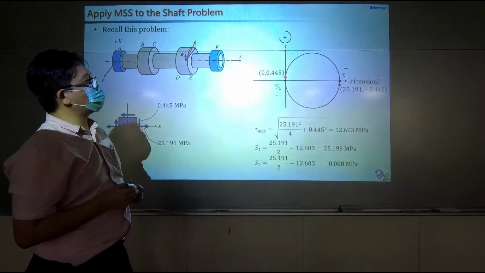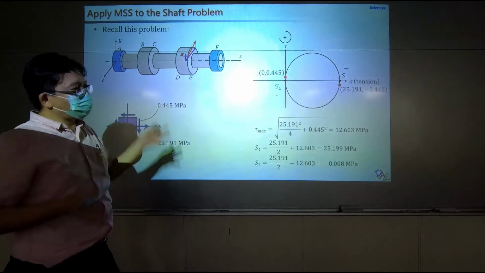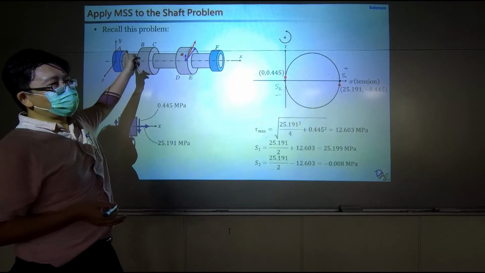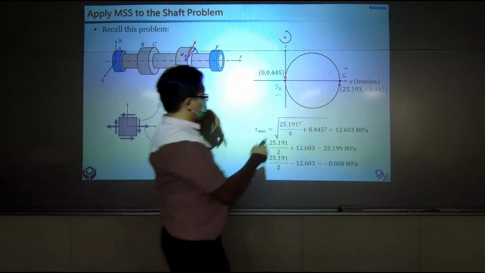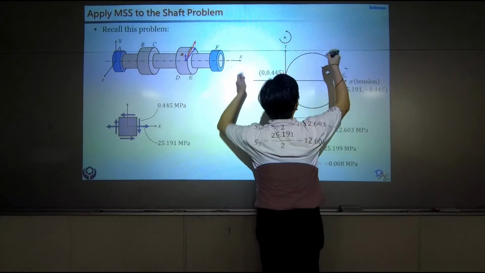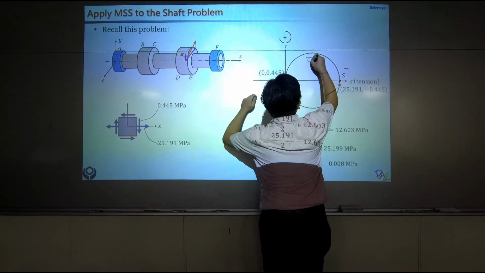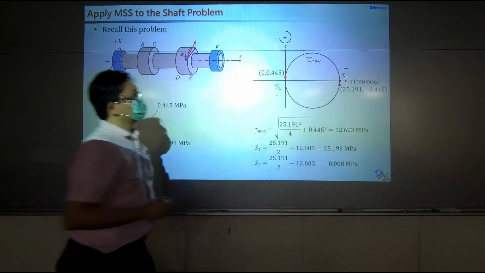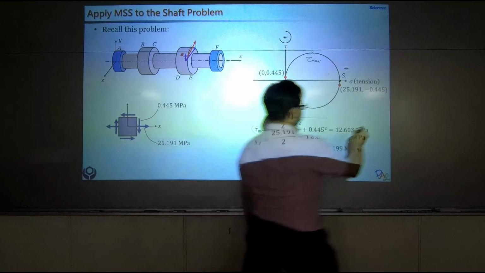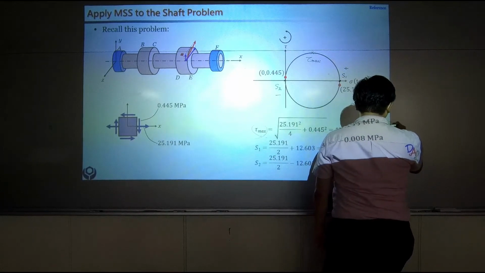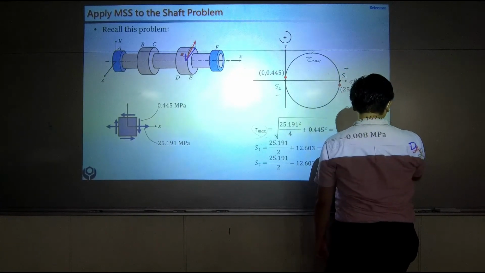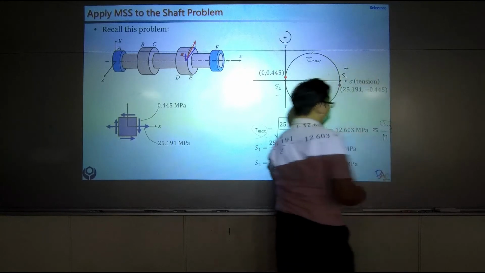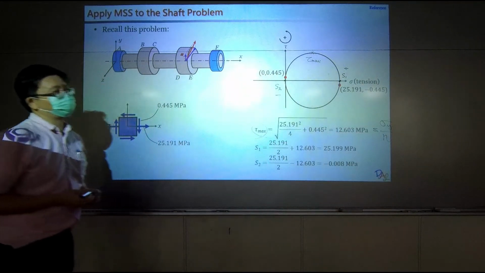So it's one of the situations that we introduced earlier. One of the easiest ways to do it is just calculate the maximum shear, and that's what we did. And we said as long as it's smaller than the yielding strength over your safety factor, then you're fine.